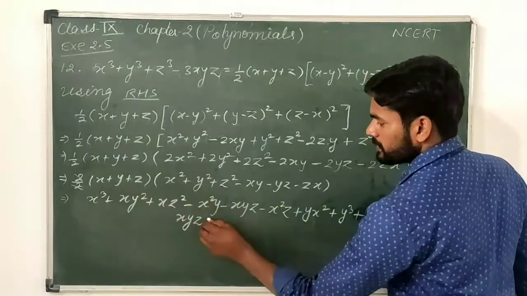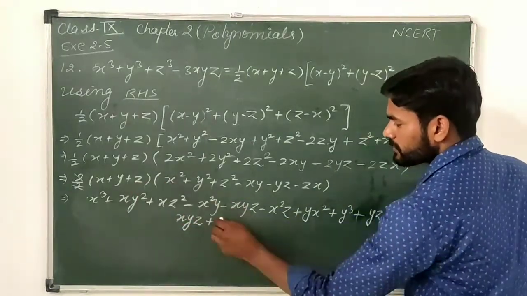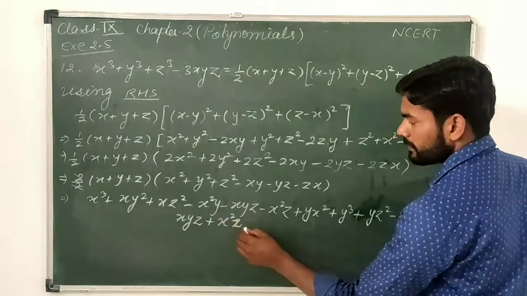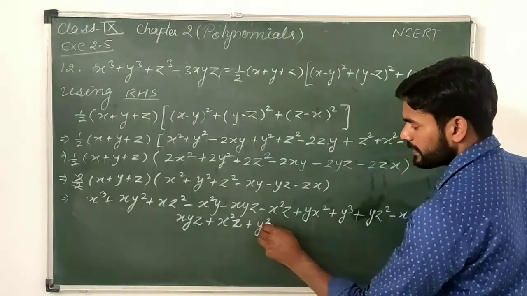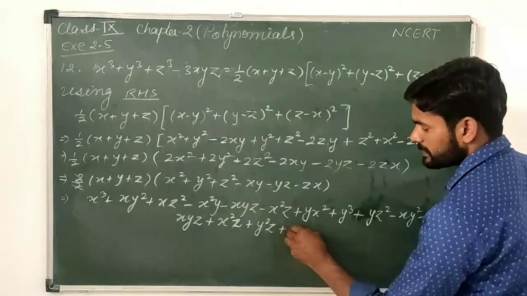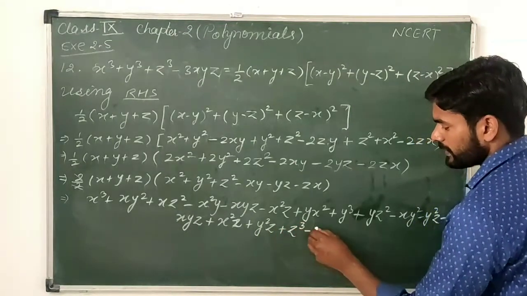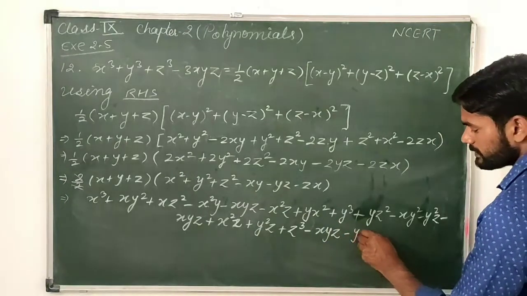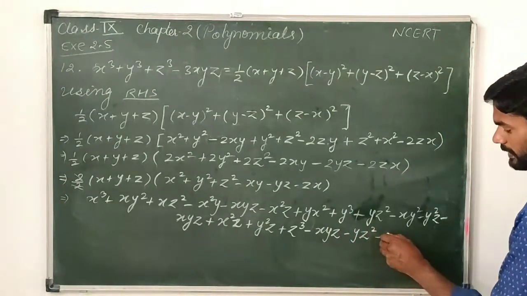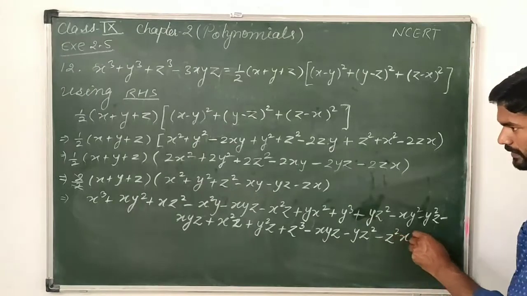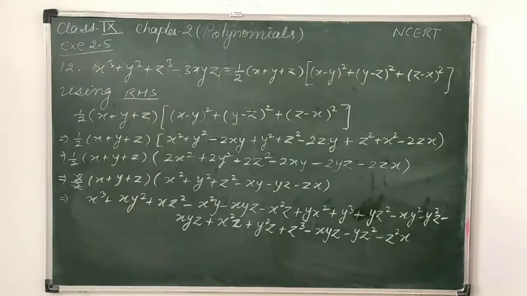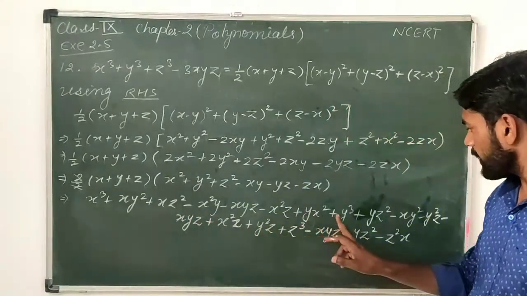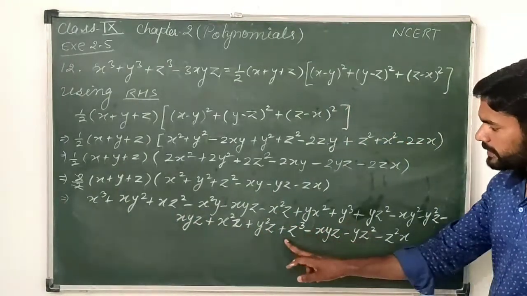And now with z: x square z plus y square z plus z cube minus xyz minus yz square minus z square x. Okay, now x cube from here, y cube from here and z cube from here.